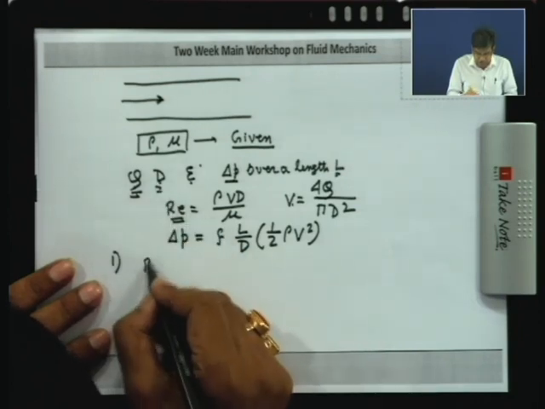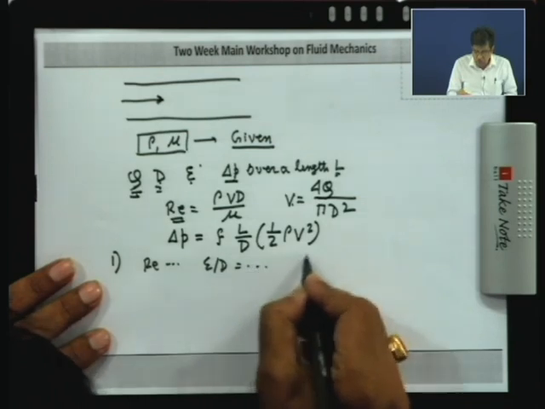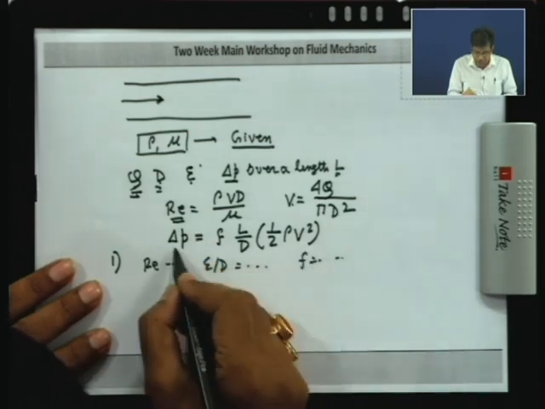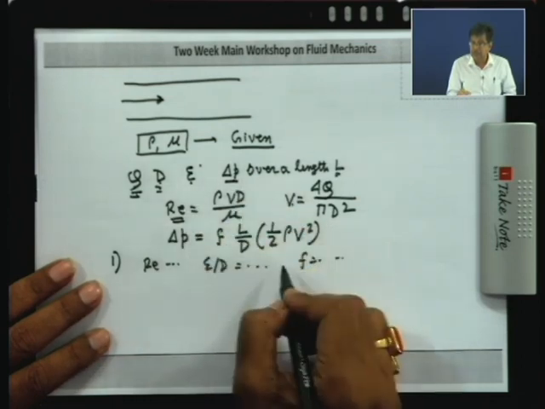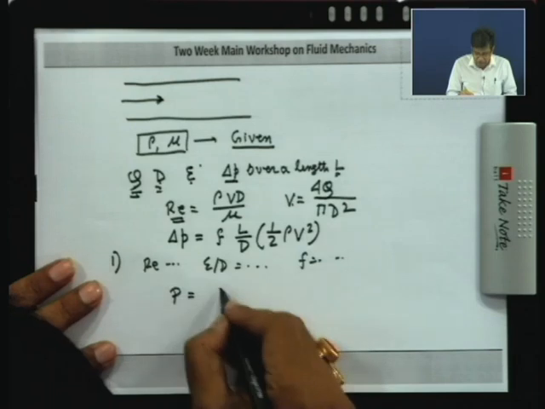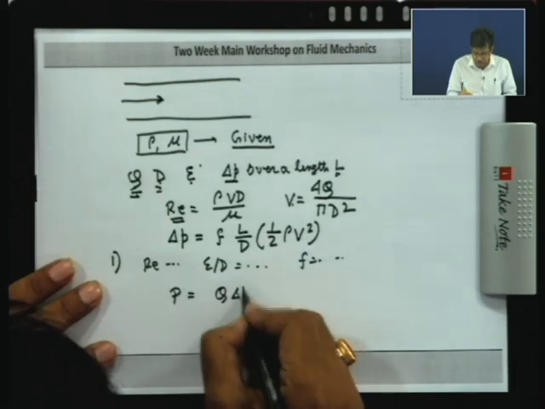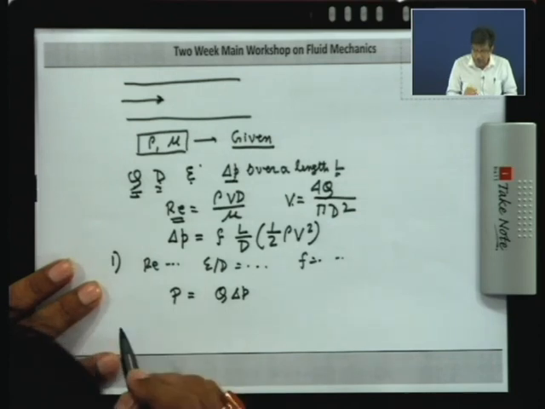So, Re known, epsilon by d known, we know the friction factor and we can find out delta P from here. This is a straightforward calculation, an explicit method, and we can find the power requirement as Q into delta P. This is another important thing. So, this is problem number 1.